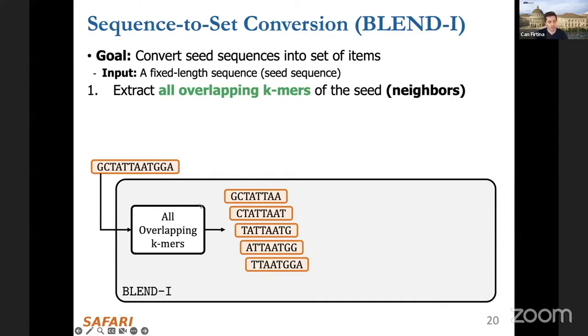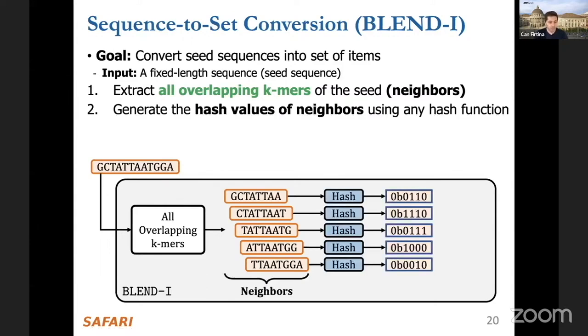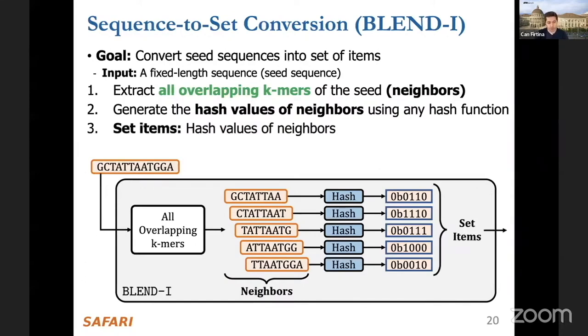Then we divide it into further k-mers to extract all overlapping k-mers from this particular seed, and as I said, these are called neighbors. Then we hash all of these neighbors and generate their hash values. These hash values generated from the neighbors of that particular seed sequence are the set items that we're going to use to generate a hash value for this sequence.